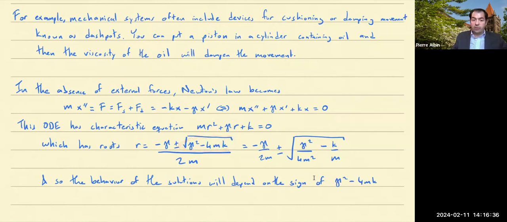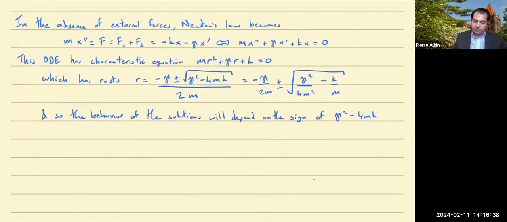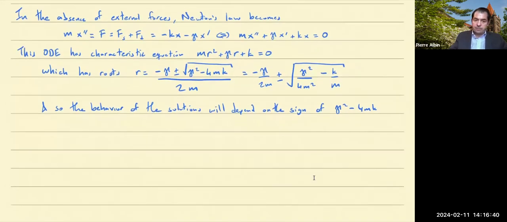The term inside the square root. Okay, so we have 3 cases to consider. First case, what happens if gamma squared minus 4km is negative? Right, so you can think of this as being the case when the frictional force due to viscosity is small compared to the stiffness of the spring.